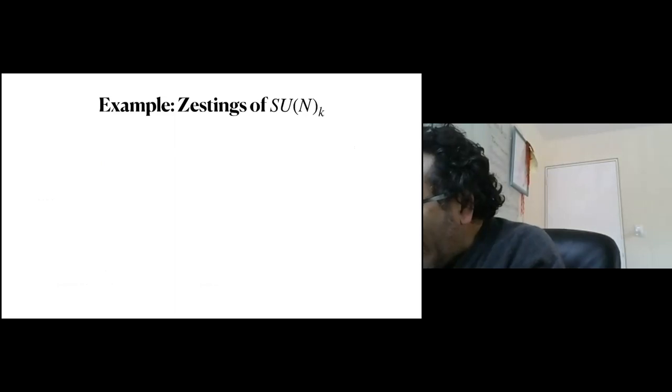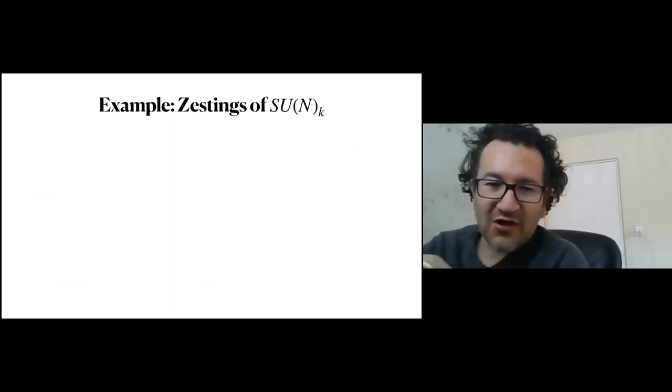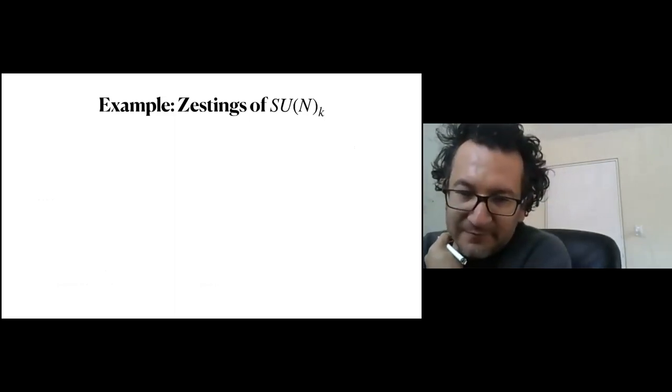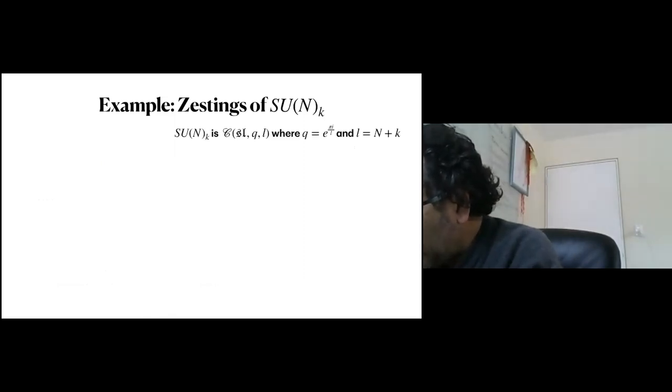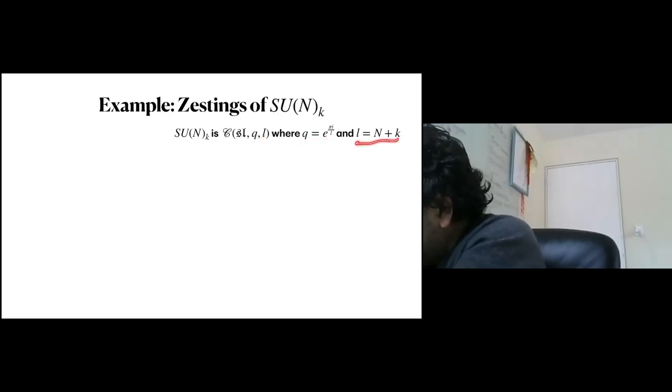Let me give you very briefly, because this was done in another talk, an asynchronous talk by Giovanni, the example: Zesting of SU(N) level K. By SU(N) level K, we refer to this fusion category associated with the quantum group SL_q, where q is this particular root of unity, and the level is this particular integer.